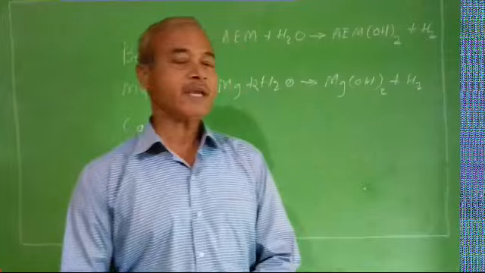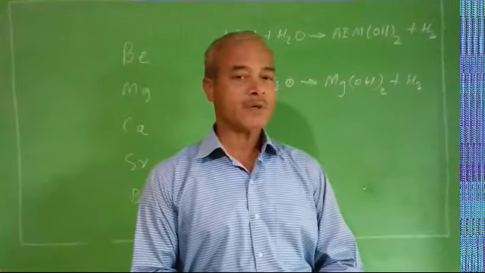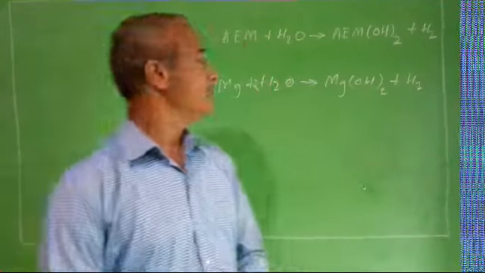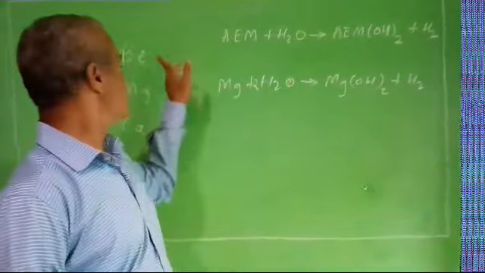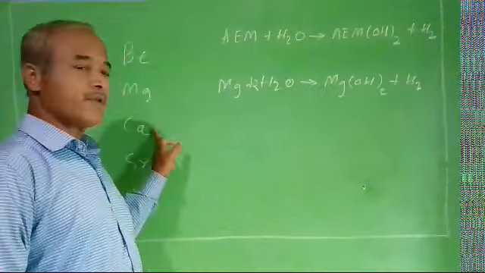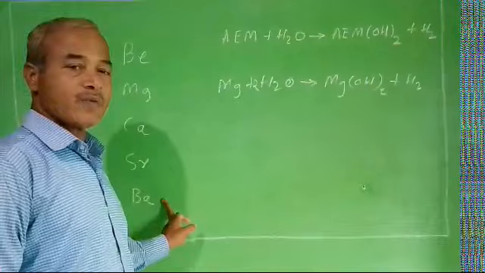So here we see the reactivity with water goes on increasing from top to bottom. This does not react with water. This reacts with hot water. This reacts with cold water. This too reacts with cold water.